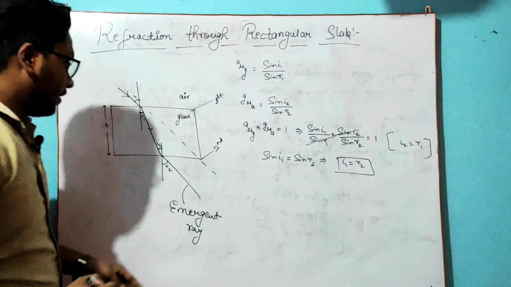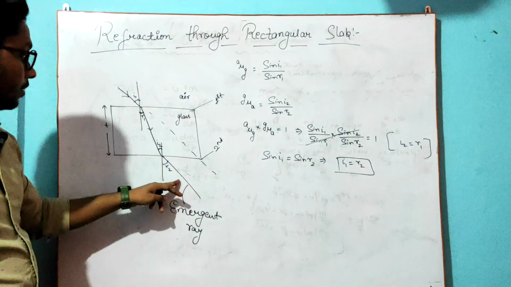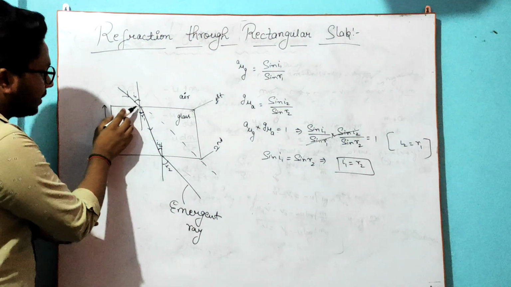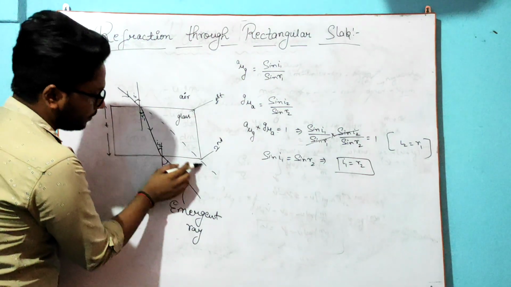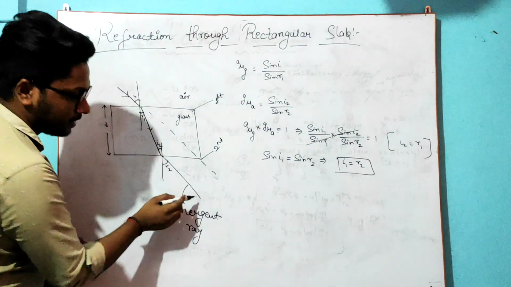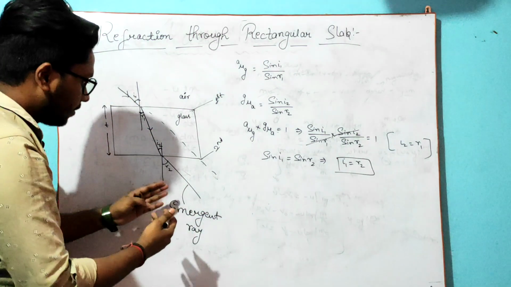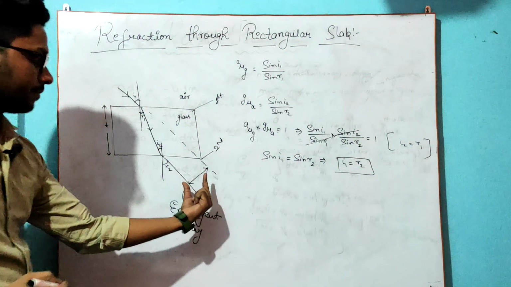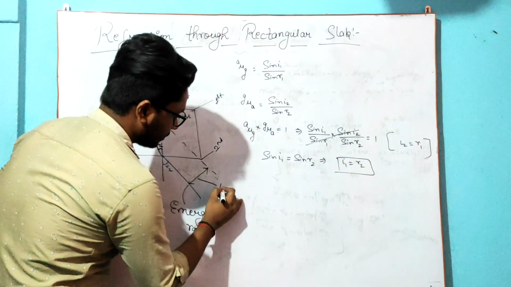And you see, this emergent ray does not lie along the line of this incident ray. See, this incident ray is here and this emergent ray is here. So you see, there is a lateral displacement that takes place here. This is called lateral displacement.